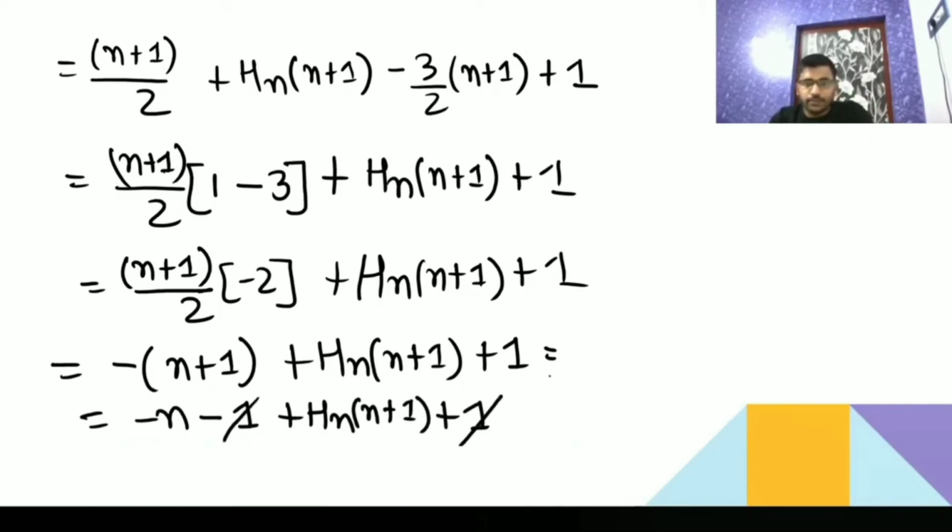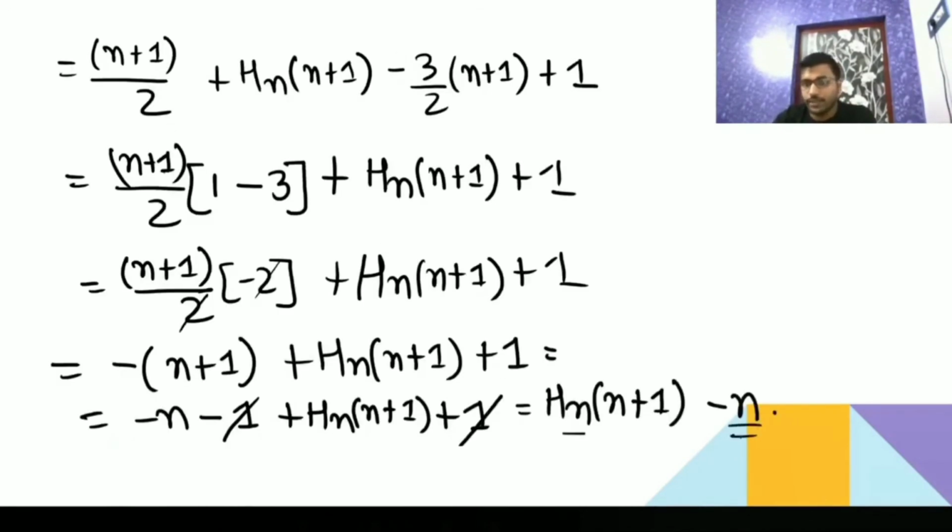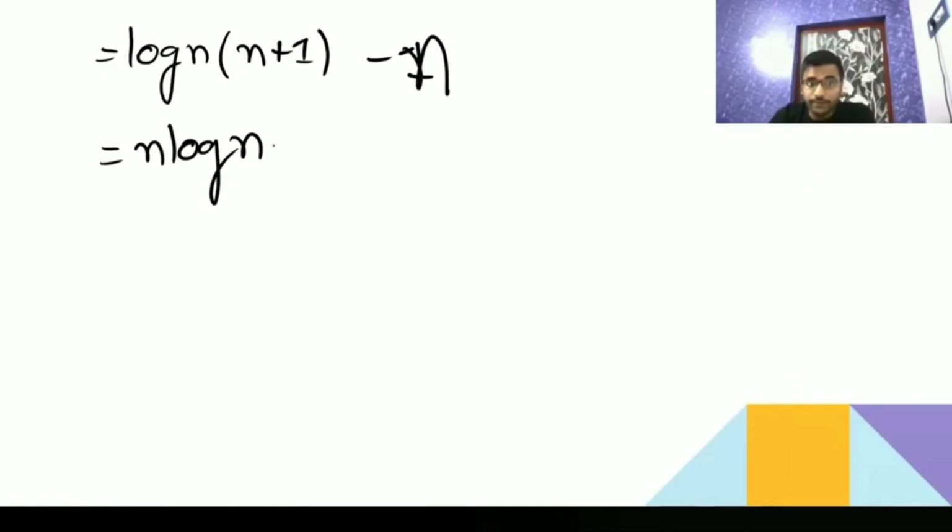So you are going to get Hn, this we are going to get Hn (n+1) minus n. Is it clear? Because you know that it is the harmonic series. So you are going to get n log n. Sorry, again I did the minus n. Okay, n log n, then plus log n minus n.